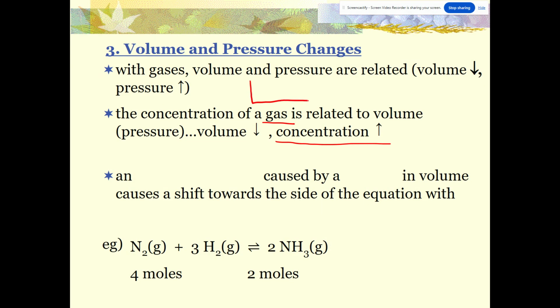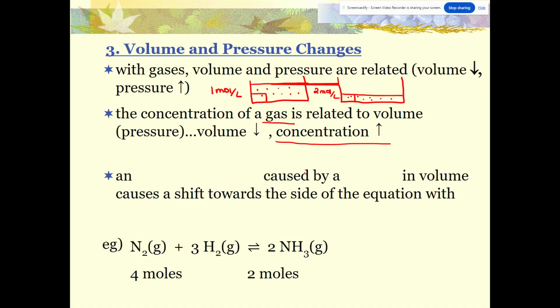So what I mean is if I have a certain gas given in this volume, and I have a few particles and then I look at a 1 liter section, because concentration is looking at how many particles there are per 1 liter section. Let's say I'm starting with 1 mole per this liter section. If I decrease the volume and give less space for the particles to move around in, they are going to have the same number of particles, but they're going to get closer together. So now in that 1 liter section, I have 2 moles per liter.